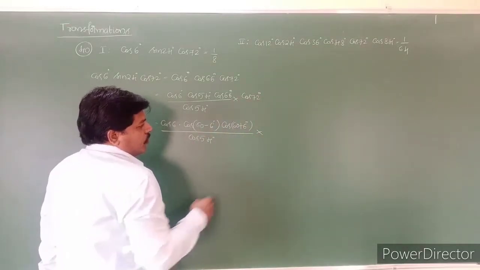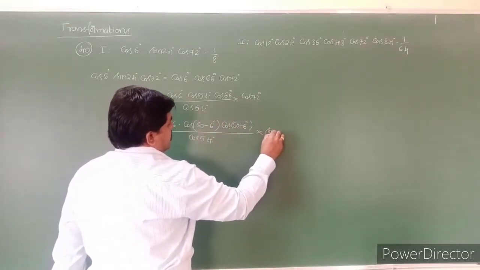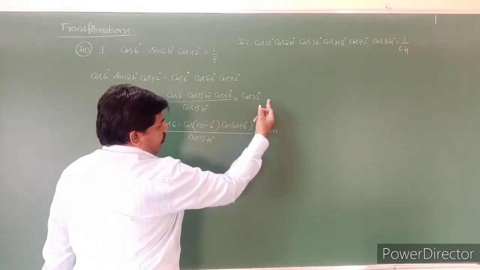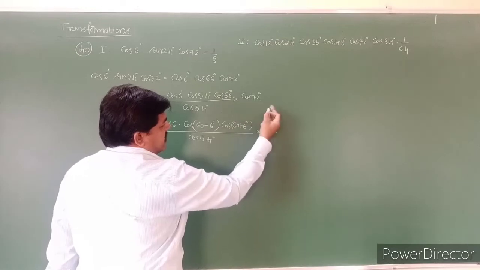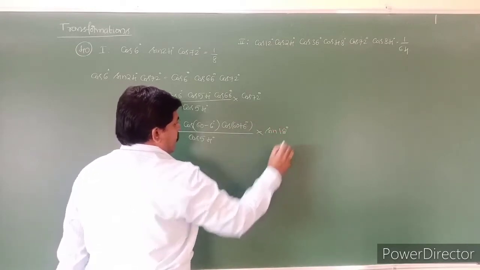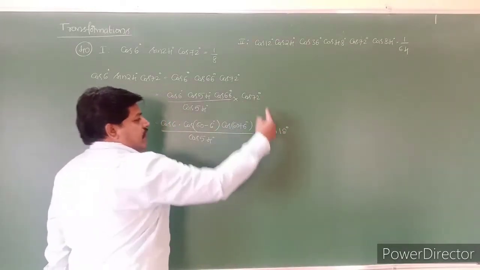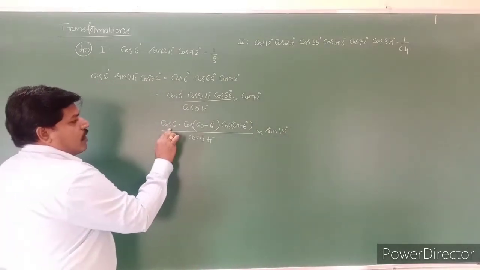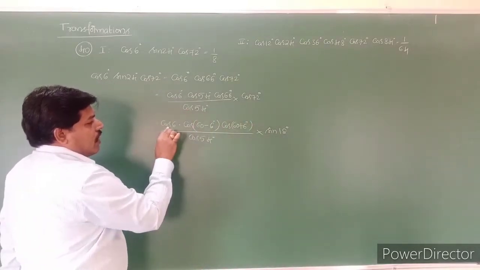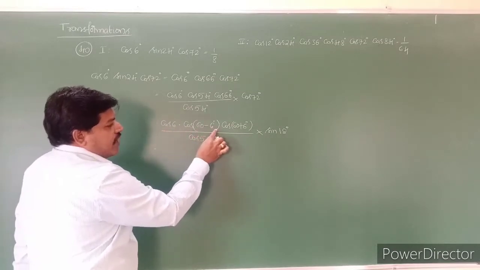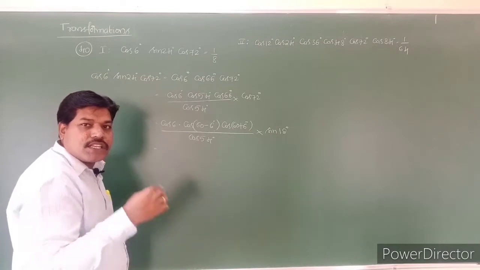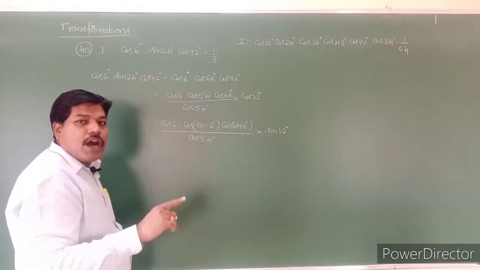Cos 72 you can convert into sin: cos 72 you can write as sin 90 minus 72. 90 minus 72 becomes sin 18. Cos 72 and sin 18 both are same. So here what is the formula? I have already given this: cos theta, cos 60 minus theta into cos 60 plus theta becomes 1 by 4 into cos 3 theta.